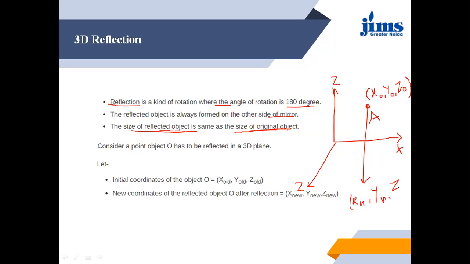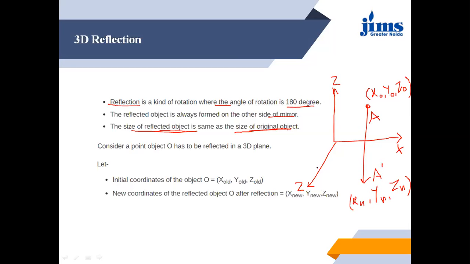So these are, for example, the coordinate values of the reflected object, which I am calling A dash.